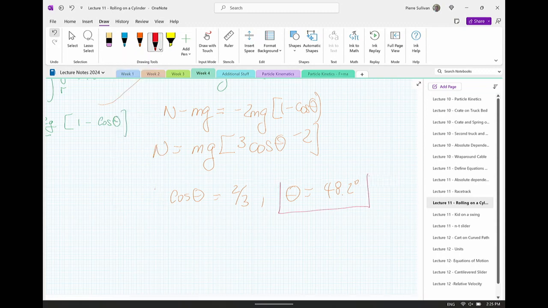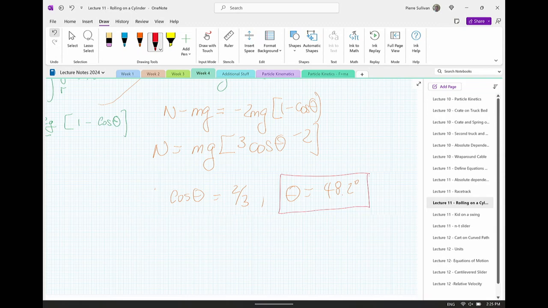So that is the theta at which the separation occurs. Now you look at this problem again, and you realize that you don't know very much in terms of any of the physical parameters. I haven't talked about r. I know what g is because we're on Earth. M cancels out, disappears.